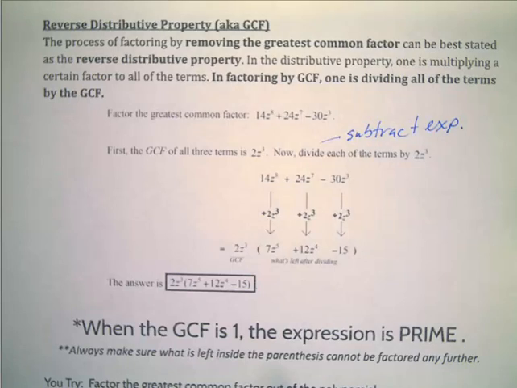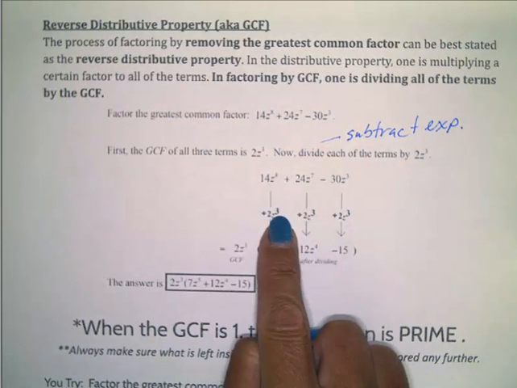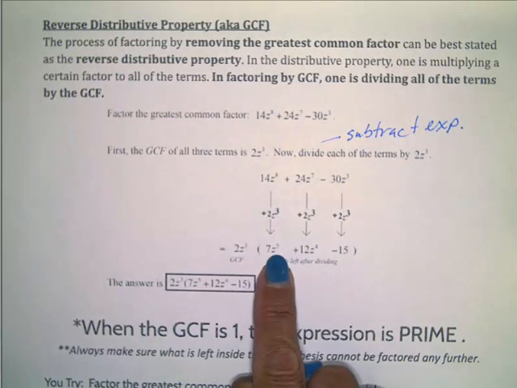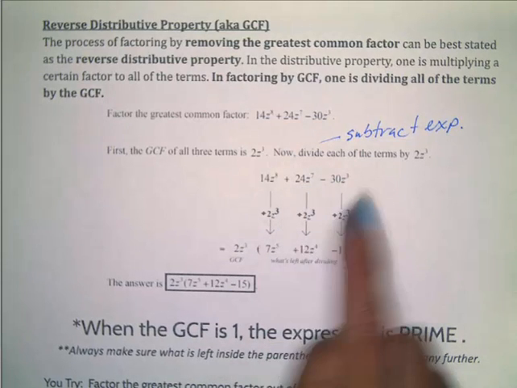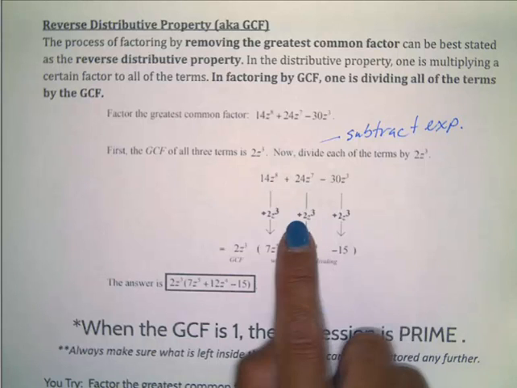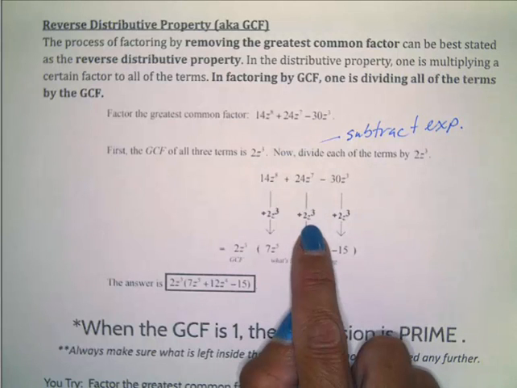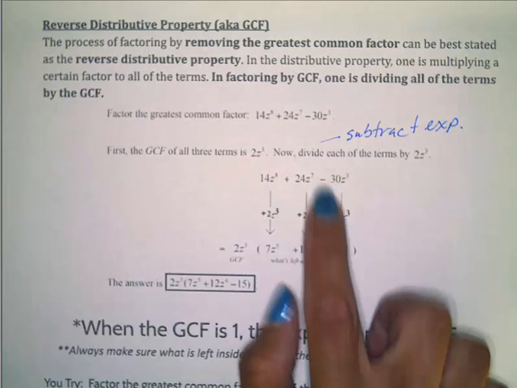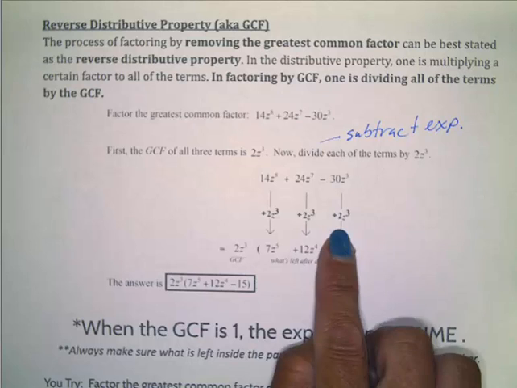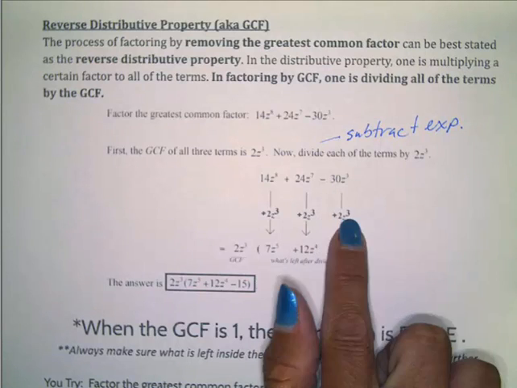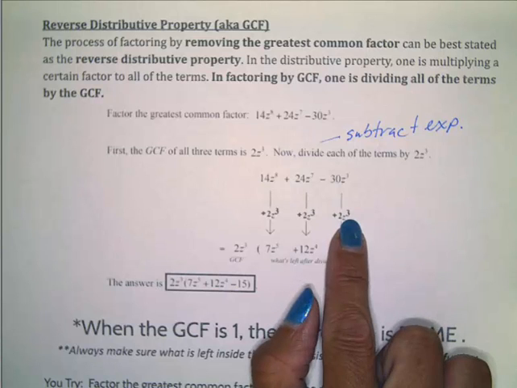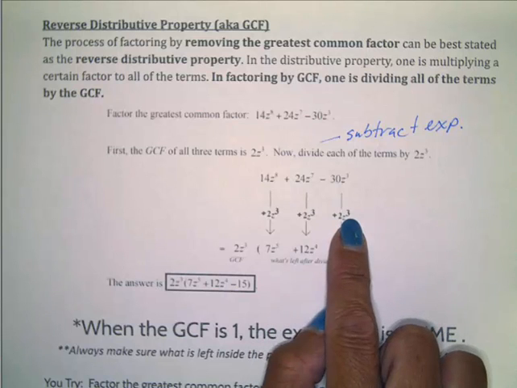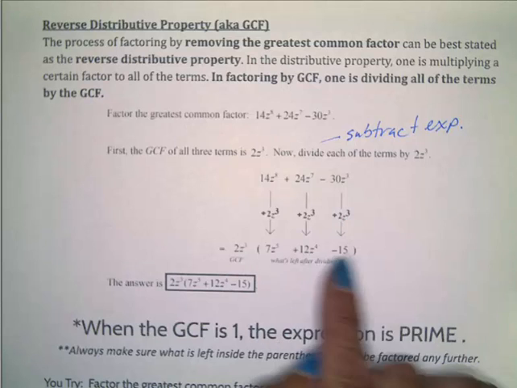So that's why 8 of them, we divided out 3, which leaves us with 5, because we're subtracting those exponents. 24z to the 7th divided by 2z to the 3rd is 12z to the 4th. Negative 30z to the 3rd divided by 2z to the 3rd. Well, 3 minus 3 is 0. Anything to the 0 power is 1, so our variable is gone. So now we just have negative 15.